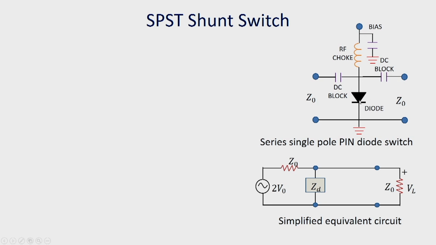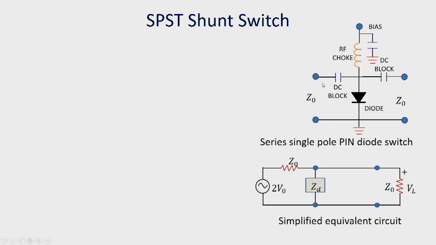Whereas, when the diode is biased and in the low impedance state, in the ideal case, if the diode impedance is too low, all the signals will be reflected from here and will not go to the load, and therefore, we have a switching action here.